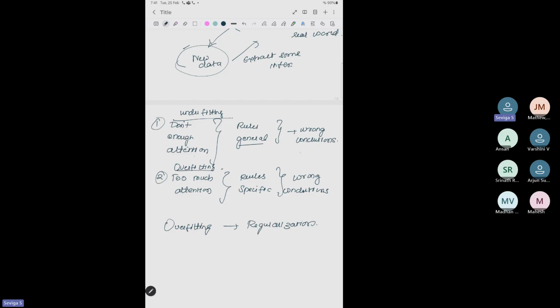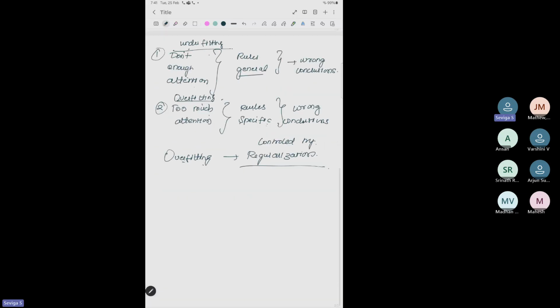This process is called underfitting. When the machine learning model pays too much attention to learn, it learns very specific rules. We'll see how learning specific rules can lead to wrong conclusions. This process is called overfitting. The most troublesome of the two is overfitting. Overfitting can be controlled by a technique called regularization.